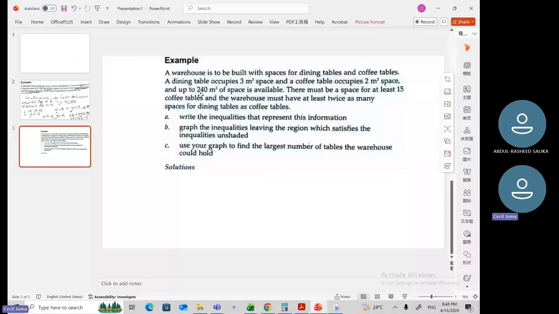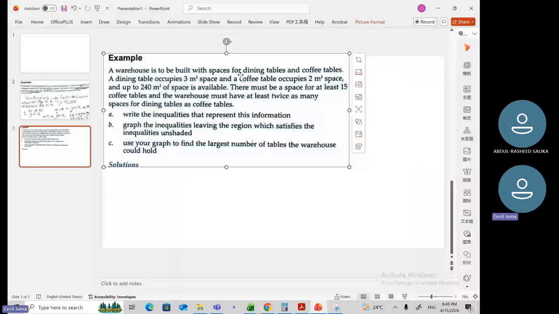So for this one, they are saying a warehouse is to be built with spaces for dining tables and coffee tables. A dining table occupies 3 square meters of space, and a coffee table occupies 2 square meters of space.